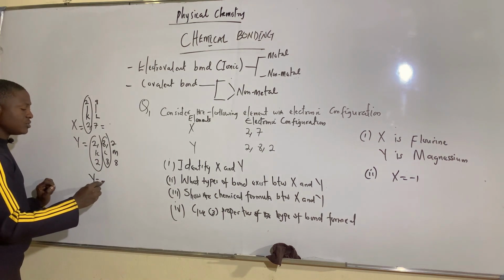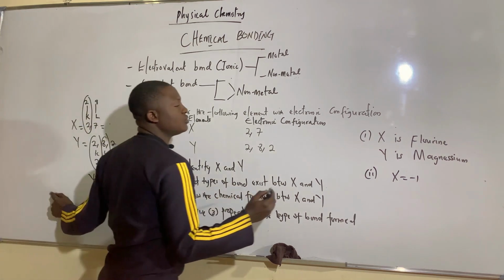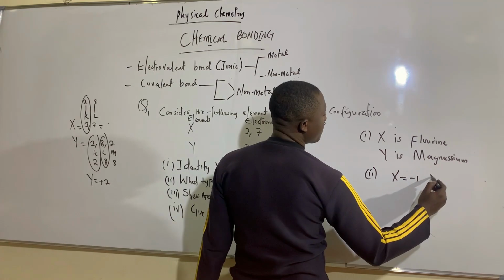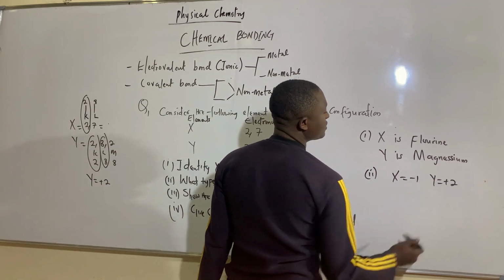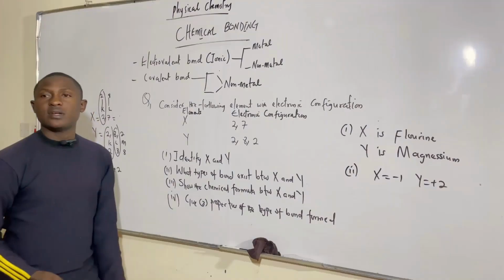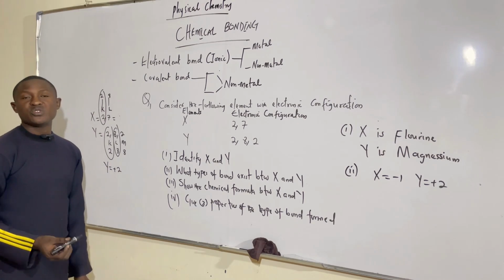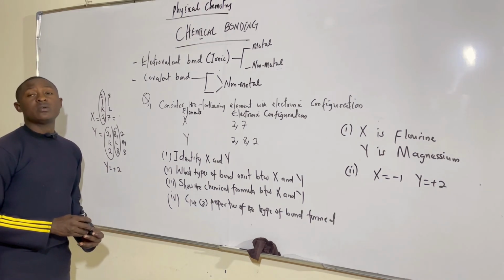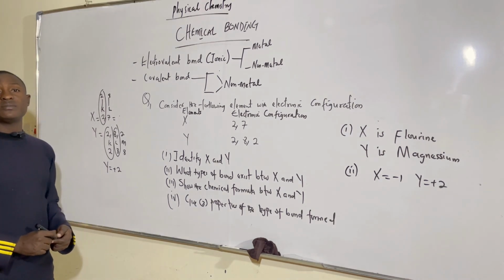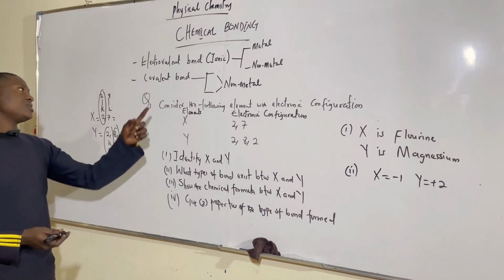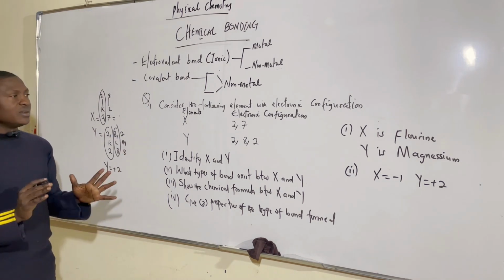That means Y is +2. So X is a non-metal and Y is a metal. If one is a metal and one is a non-metal, what type of bond will exist between them? Of course, it's going to be ionic bonding.